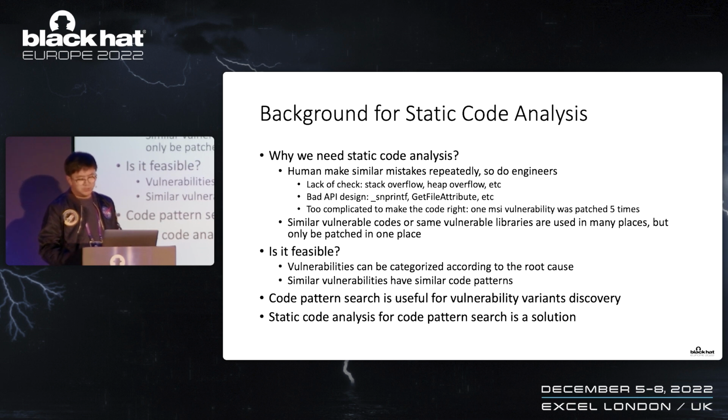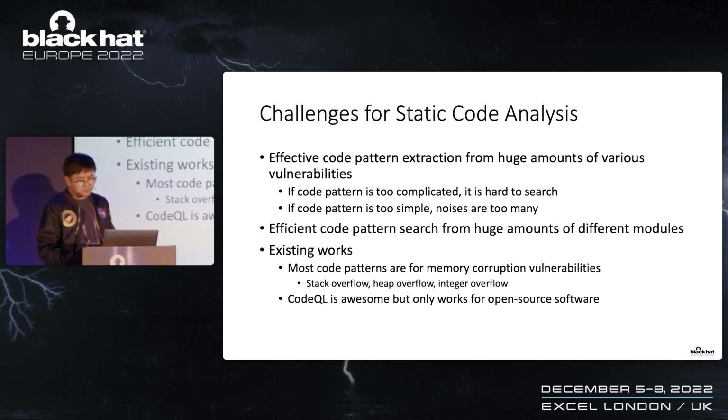So in those situations, static code analysis is a way to locate possible vulnerable code. If we can categorize similar vulnerabilities and extract code patterns, code pattern search is a good method for vulnerability variant discovery. However, code pattern extraction is not always easy.